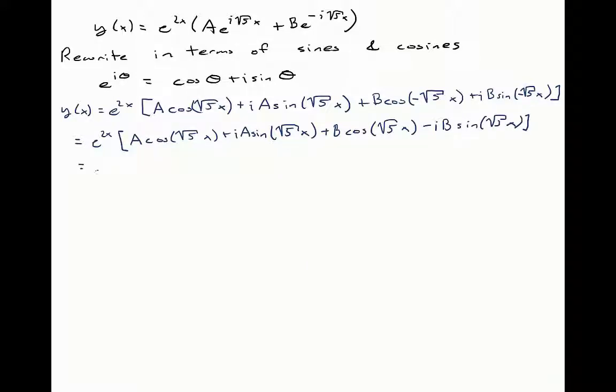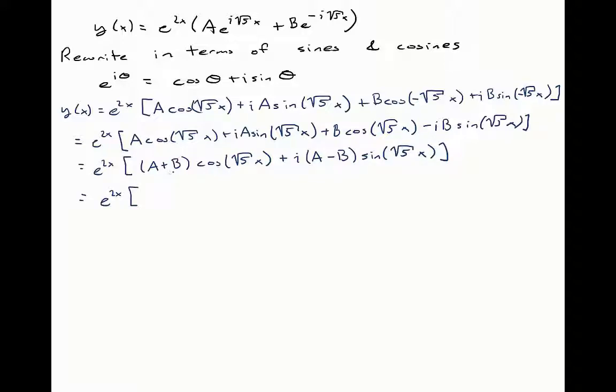Now we can do a little bit of consolidating. We have two terms with cosine of square root of 5x, so we have a plus b. And we have two terms with the sine. Remember, a and b are arbitrary constants. i, though it is the imaginary number, is still a constant. So I'm going to define new constants: a constant c that equals a plus b, and a constant d that equals i times (a minus b).